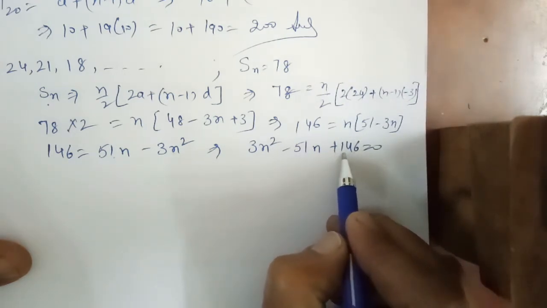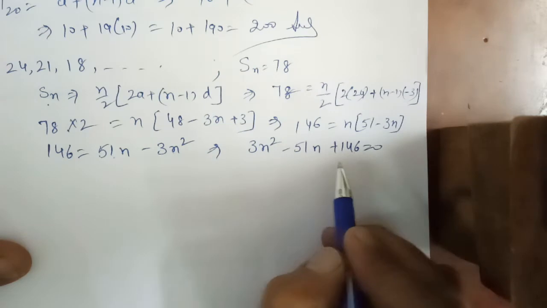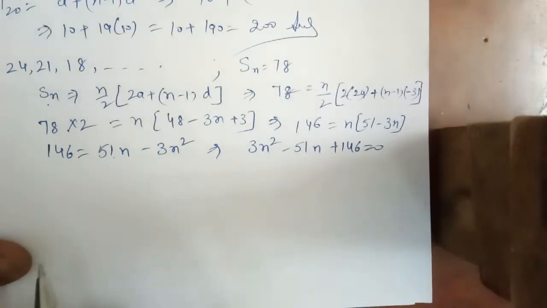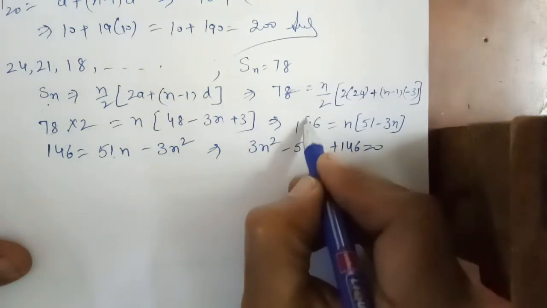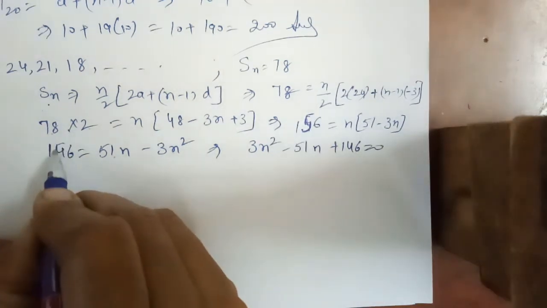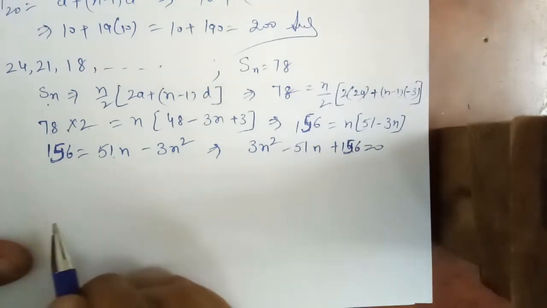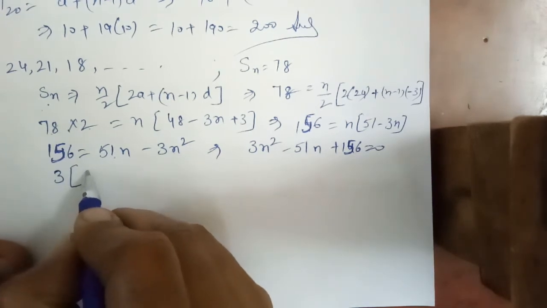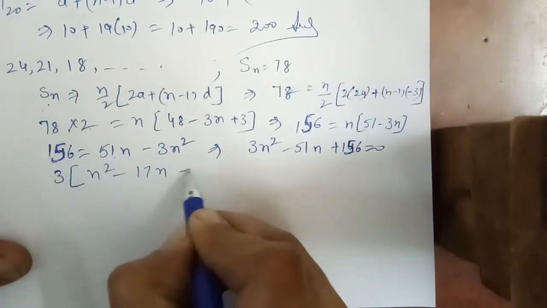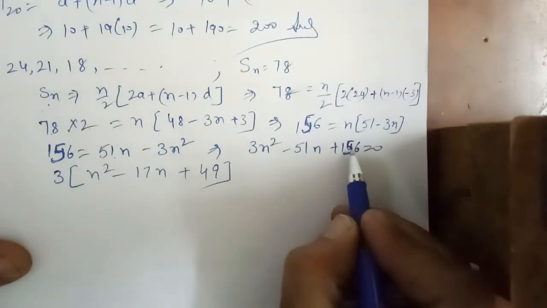3 4s are 12, and 26 is not divisible. Something is mistaken, it should be divisible. Here we have to keep it as it is. 156. Is it divisible by 3? Yes. So we can take common 3. n square minus 17n plus 3 4s are 12, 3 9s are... How do I explain it? It is divisible or not?